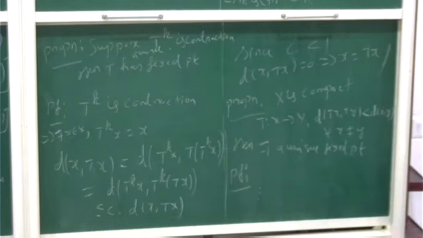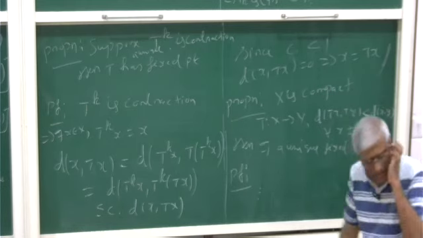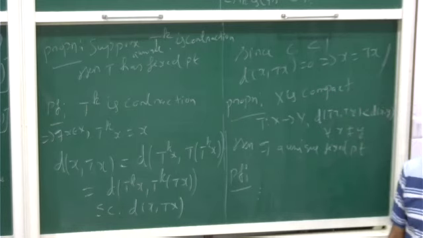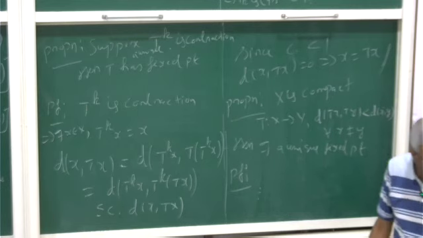Proof. Okay, you know the proof? Tell me. Of course T is continuous, which we have already verified by this. So we take the infimum, that will be the thing.